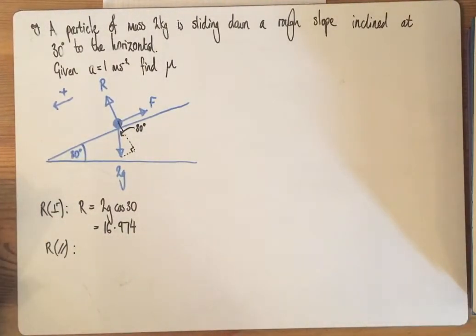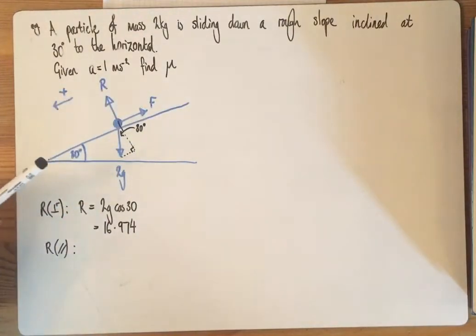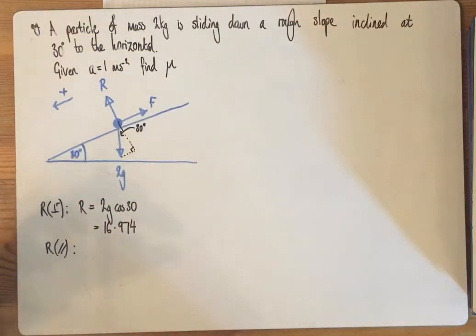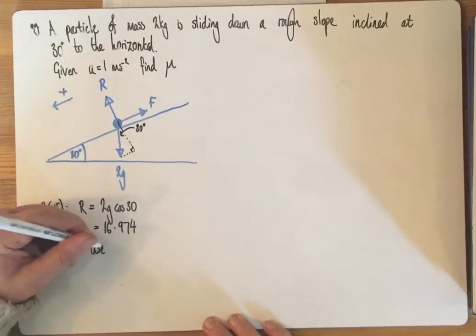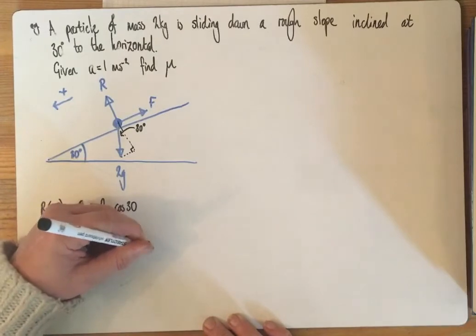So resolving parallel, because the motion's parallel, you're really looking at having a resultant force which equals mass times the acceleration, unless it's in equilibrium, in which case the forces will balance, but otherwise there will be a resultant force and there'll be some acceleration. So we're going to use F equals ma.